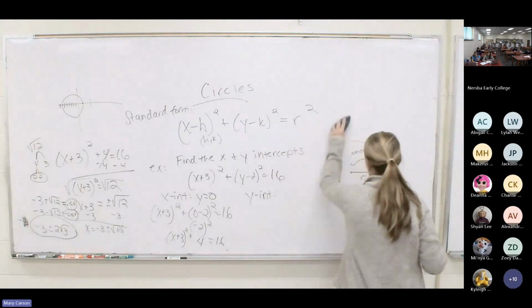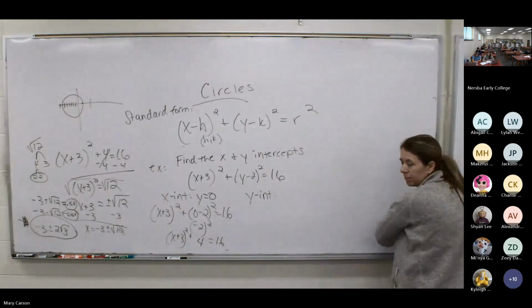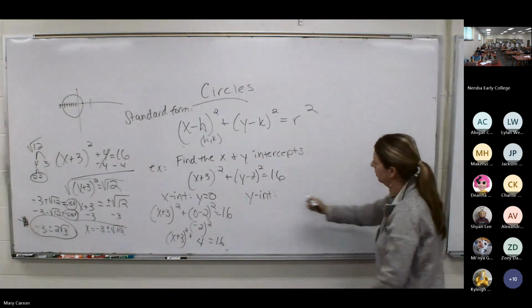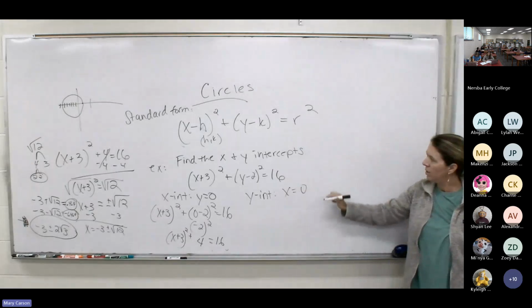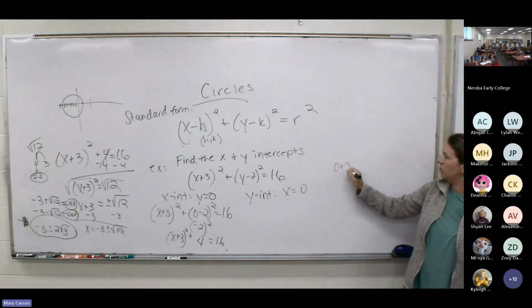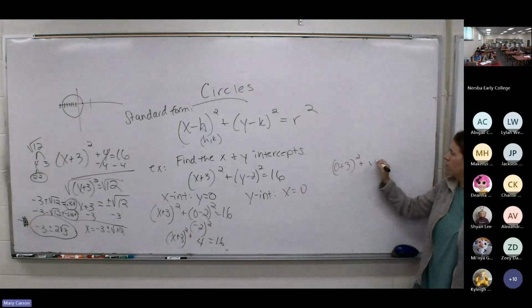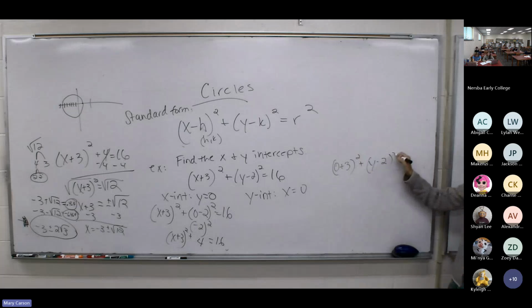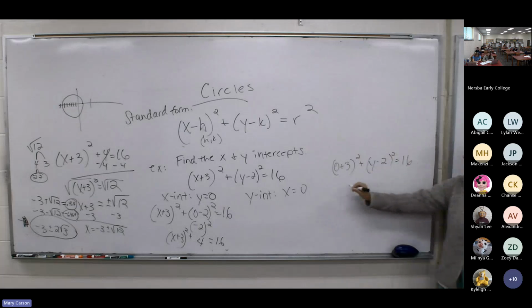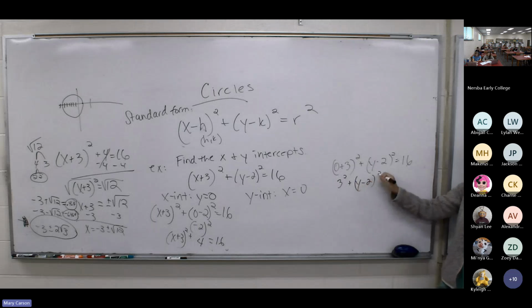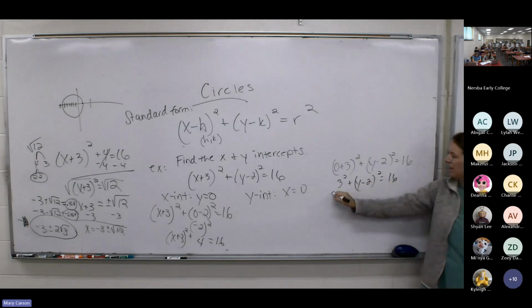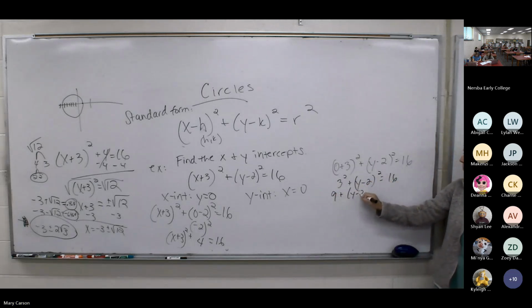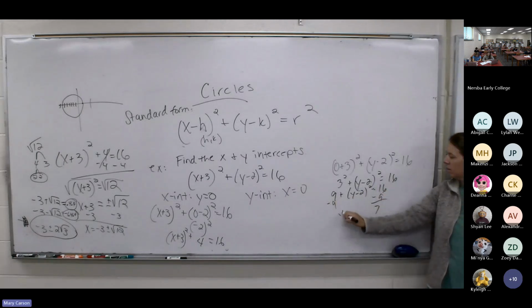X equals 0, good. So this time I'm going to do 0 plus 3 squared plus y minus 2 squared equals 16. So it'll be 3 squared plus y minus 2 squared equals 16. This will be 9. I'm going to subtract the 9. What, 7?